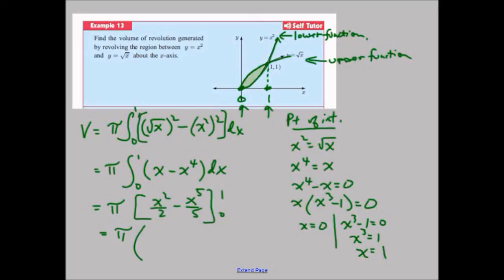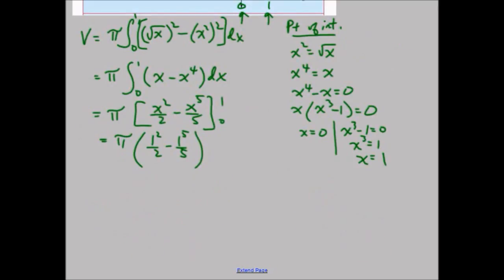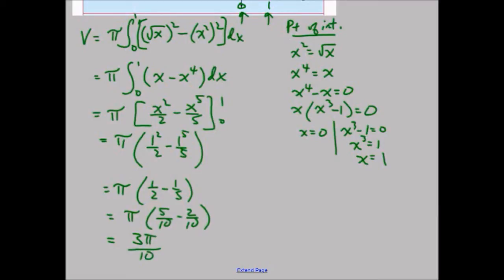So pi, 1 squared over 2, subtract 1 to the power of 5 over 5. The other term will be 0. 1/2 minus 1/5, which is 5 tenths minus 2 tenths, 3 pi over 10 units cubed.